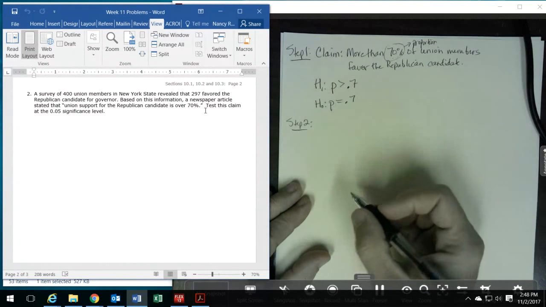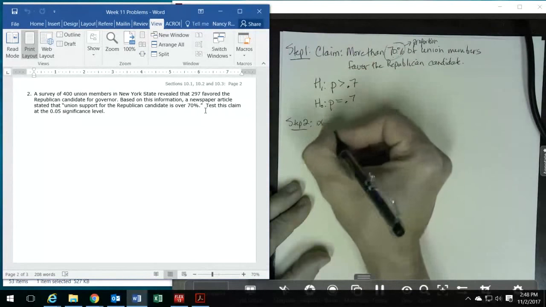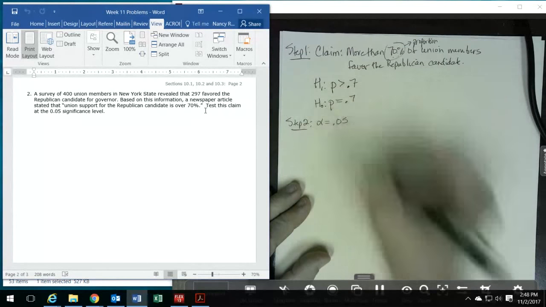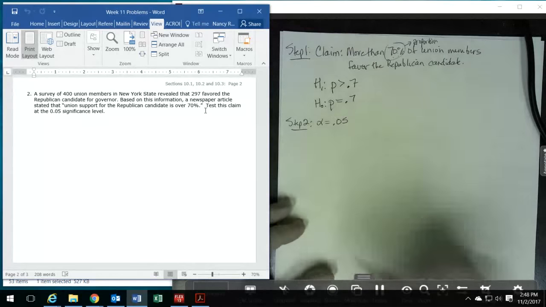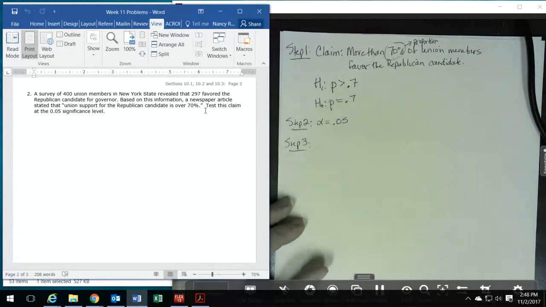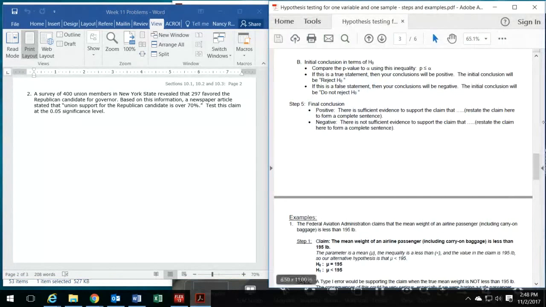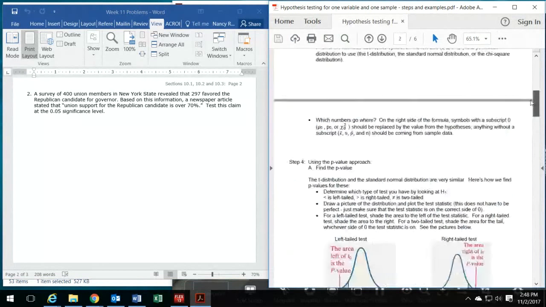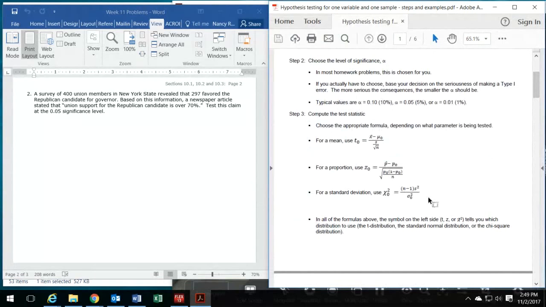For step 2, this told us to test it at the 0.05 significance level, so our alpha is 0.05. For step 3, I'm going to go back to this handout. If we didn't already know that this was talking about a proportion, well, we already figured that out in our null and alternative hypothesis, that the parameter was p.